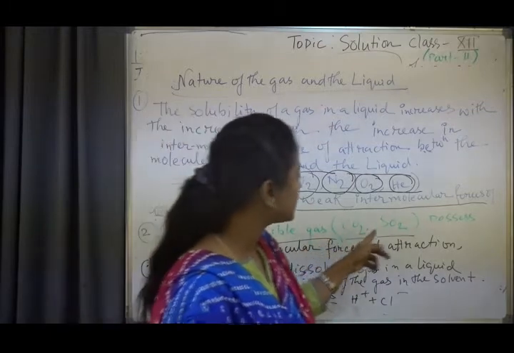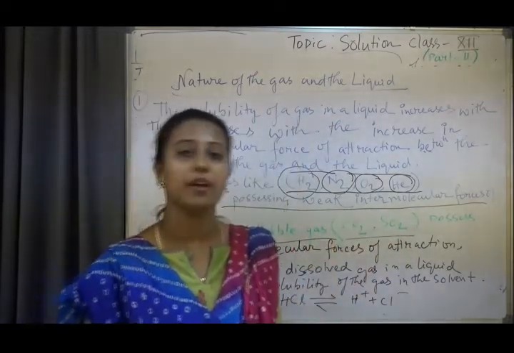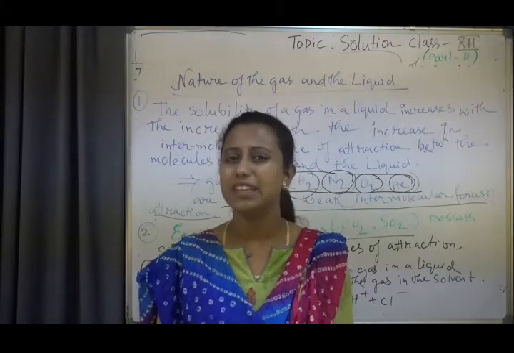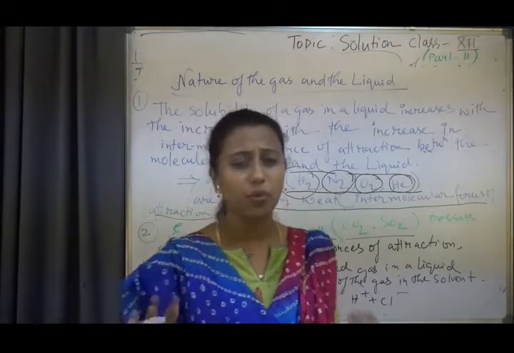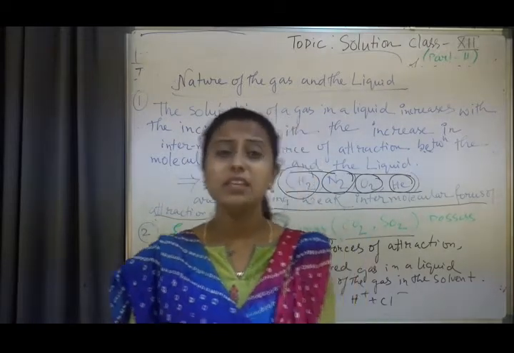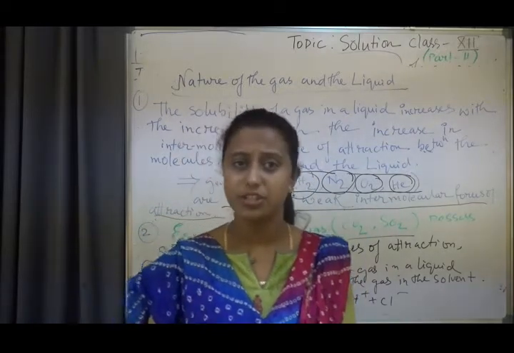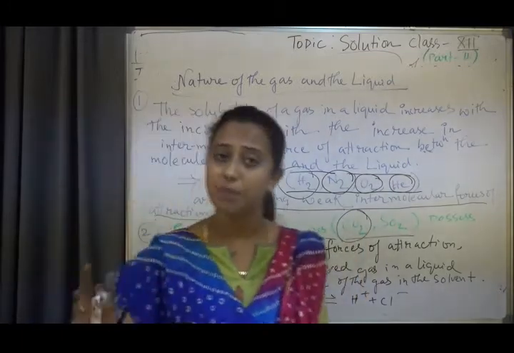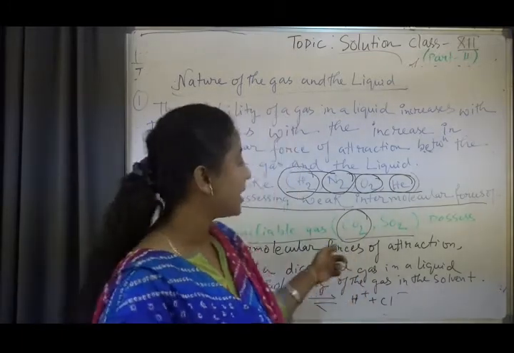What happens when carbon dioxide and sulfur dioxide dissolve in water? High pressure is not needed to dissolve them. There is a strong force of attraction between the molecules of carbon dioxide and the molecules of the particular solvent in which they are dissolving.